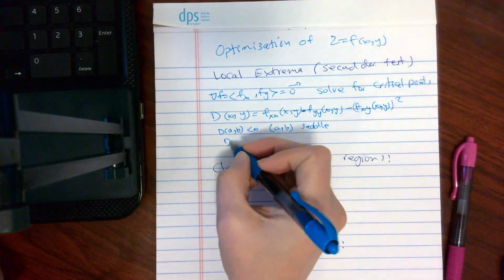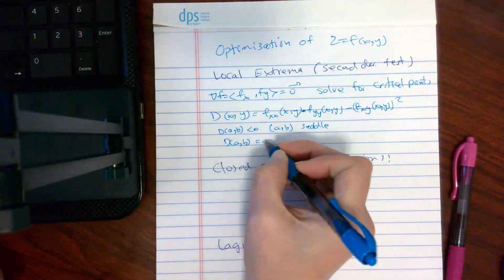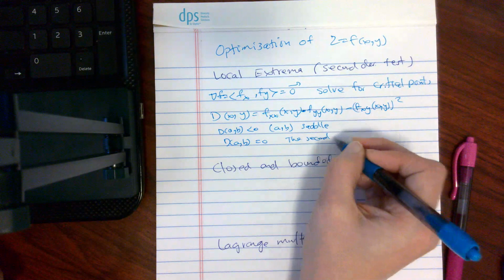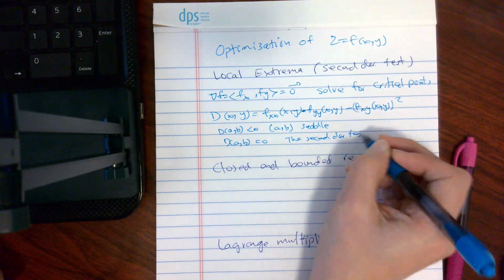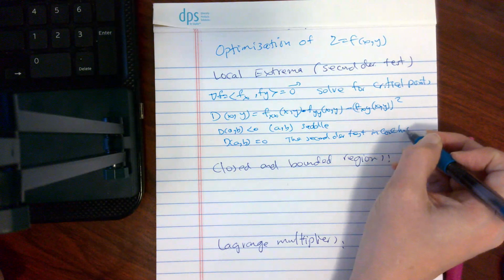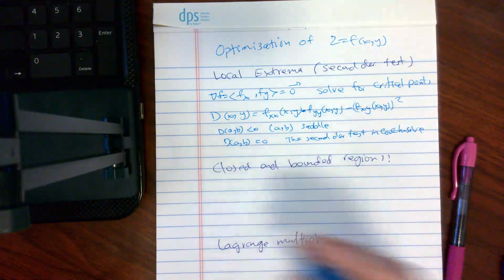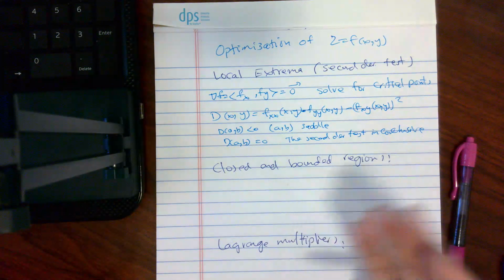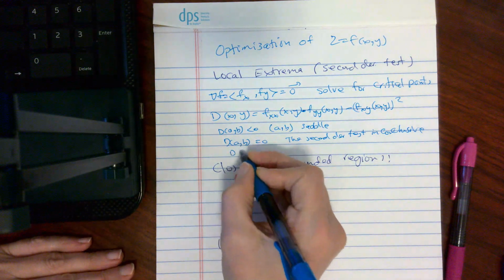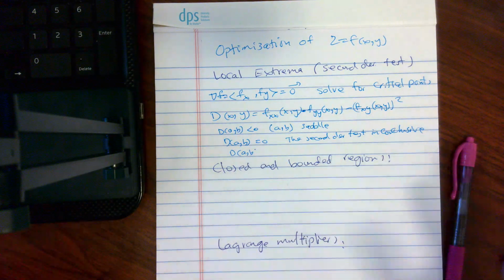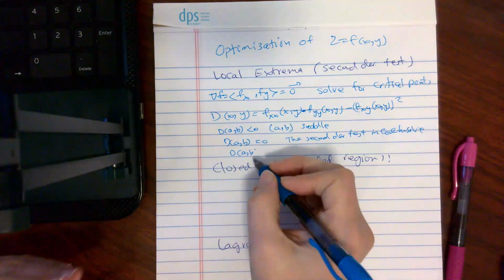If D of a and b is equal to 0, the second derivative test is inconclusive. So I can't tell whether it's a local extremum or saddle point or anything.